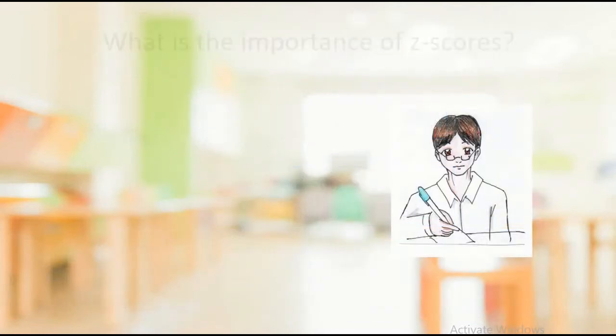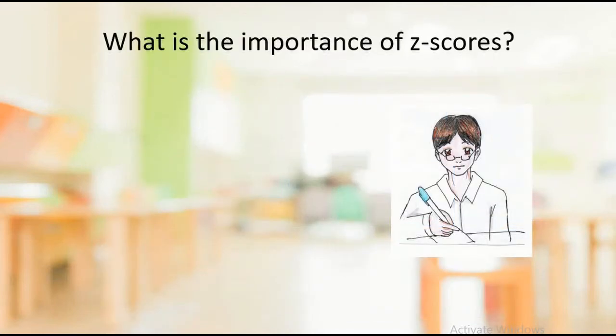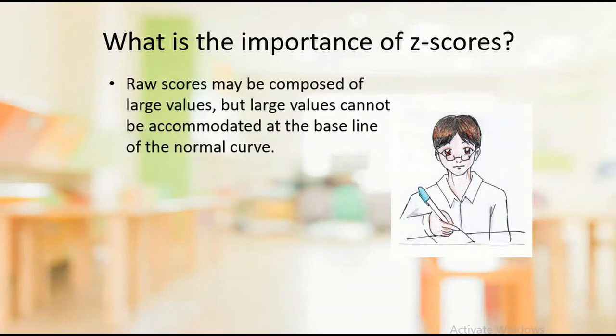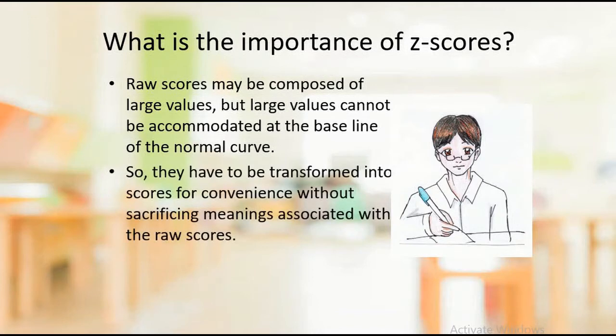What is the importance of z-scores? Raw scores may be composed of large values, but large values cannot be accommodated at the baseline of the normal curve. So, they have to be transformed into z-scores for convenience without sacrificing meanings associated with the raw scores.